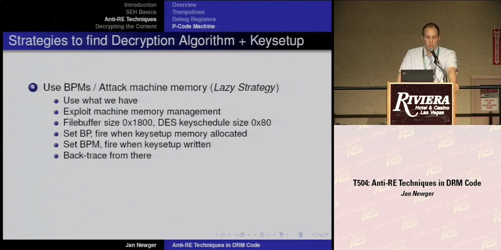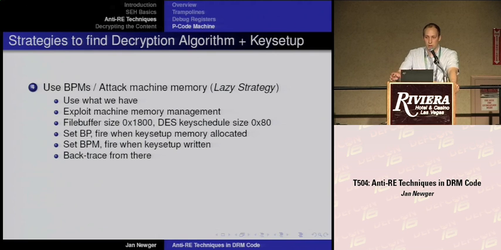Okay, and so whenever we reached this point, we could then use our reclaimed debug registers to set a breakpoint on memory access in the allocated memory. And whenever this memory has been written, we know where we would be right in the key setup algorithm.